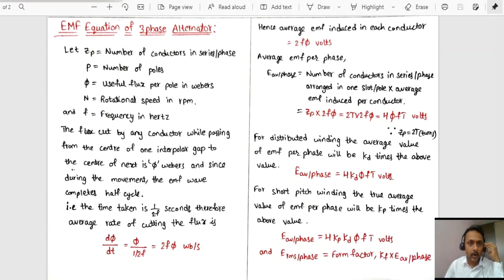In this class, we are going to discuss the EMF equation of a three-phase alternator.